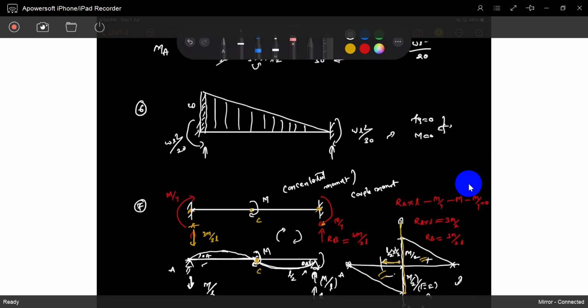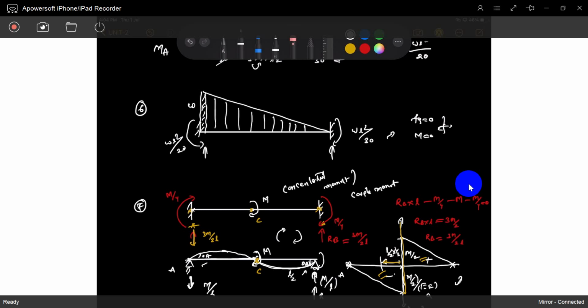But at the supports they are two different. If you take the whole, both are clockwise. But if you take right hand separate, left hand separate, the left hand is hogging, the right hand is sagging. Understood? The right hand produces a sagging moment, but the left hand provides a hogging moment, if you see separately.